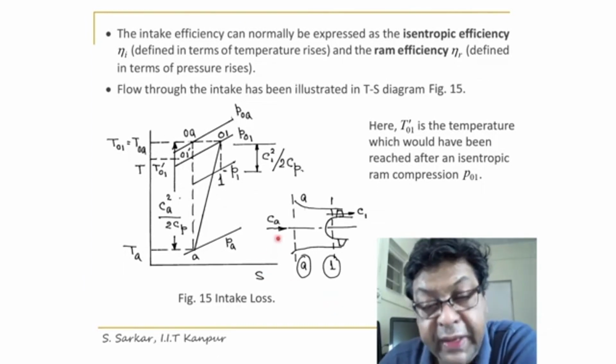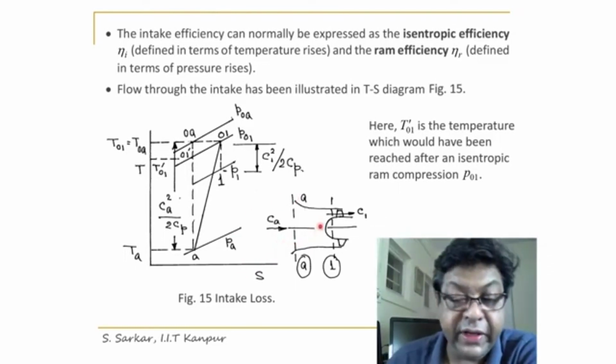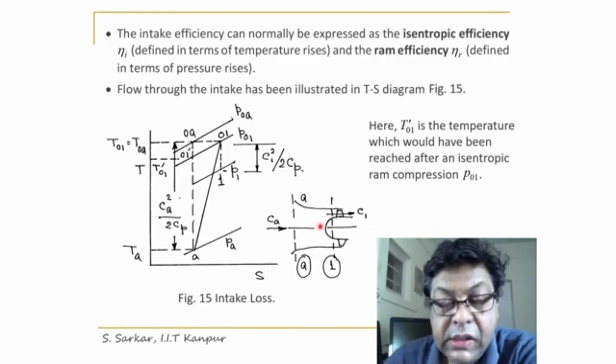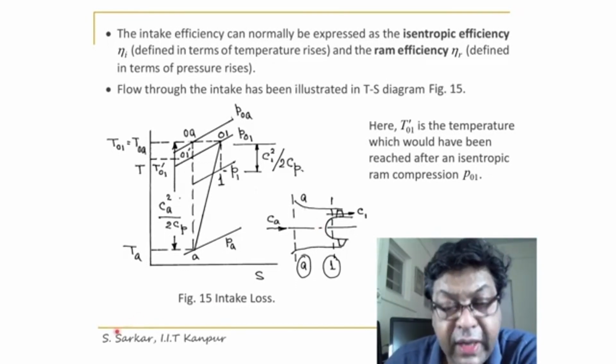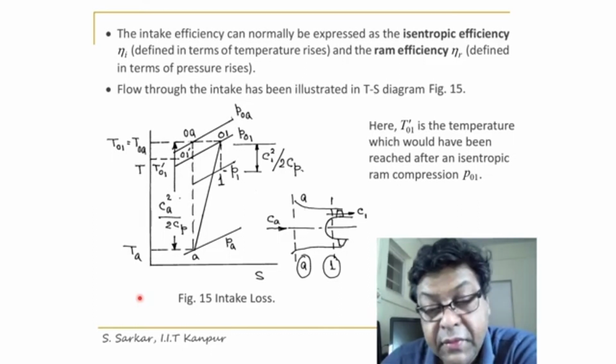Thus, the air is diffused in the intake and thereby the pressure increases, which is called the ram effect. Now, I'll illustrate the ram effect here in the TS diagram, indicating also the intake loss.